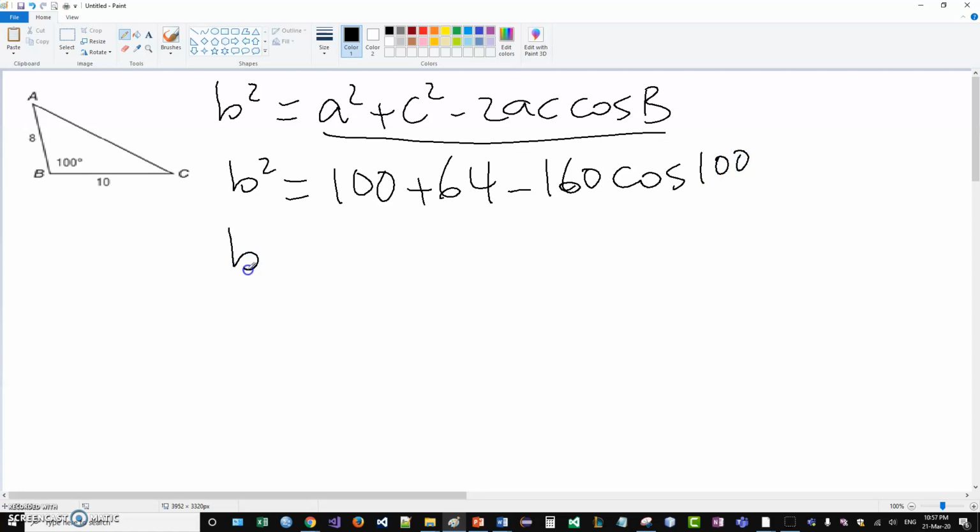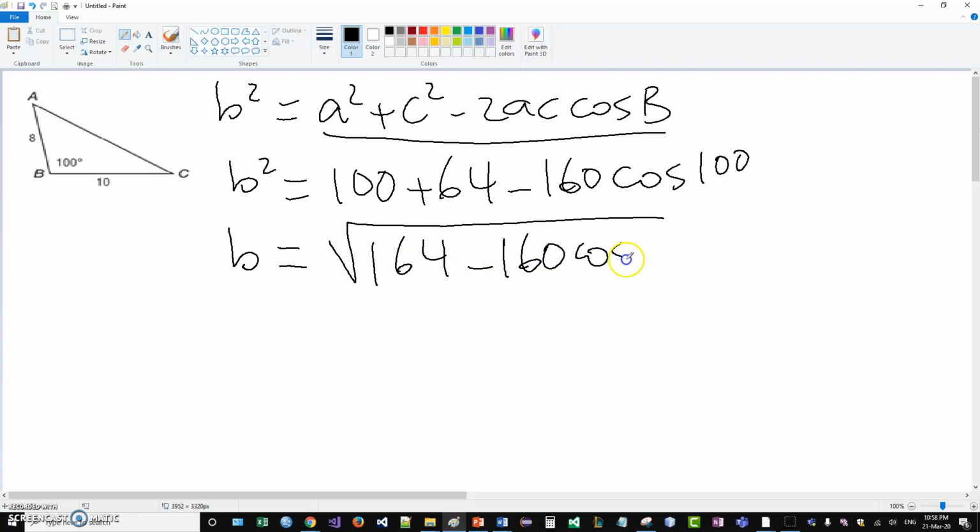Which means b equals the square root of 164 minus 160 cosine 100. That will give us 13.84.